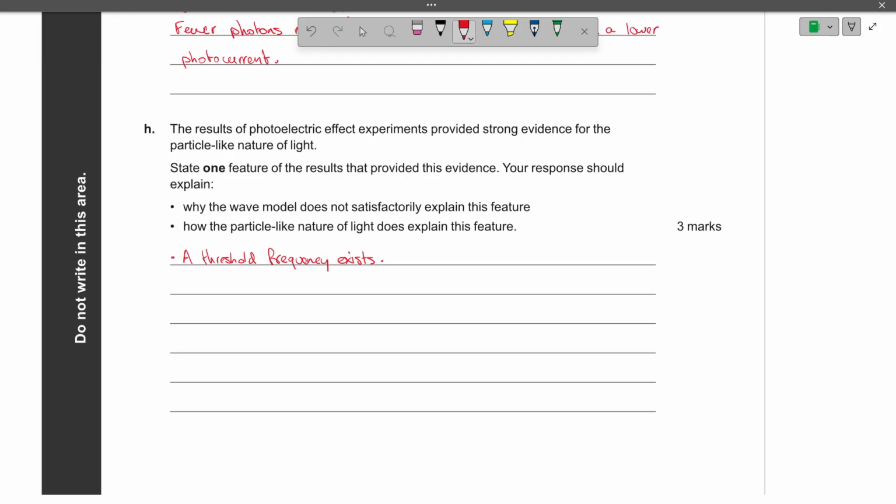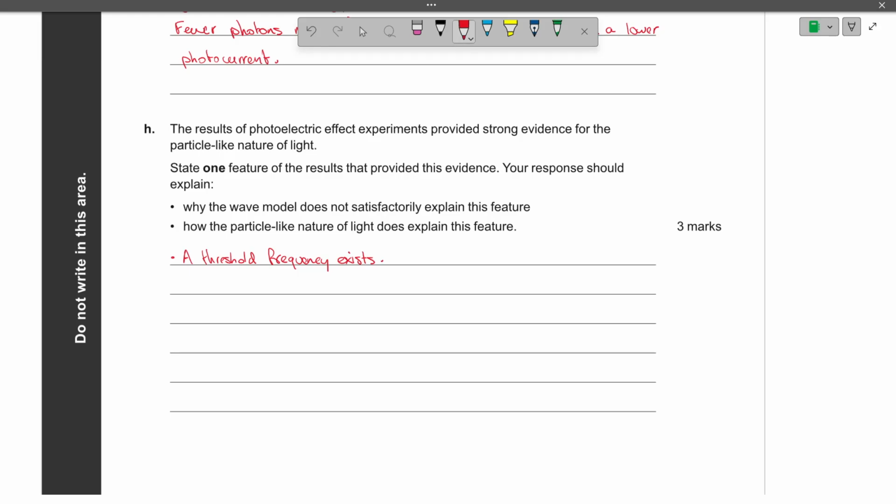How does the particle-like nature of light explain this? It basically says that light exists as discrete packets or particles called photons. Each photon has its own energy that's related to its frequency. Simply put, an electron cannot be ejected if the energy of the photon is not at least equal to or larger than the work function of the metal.